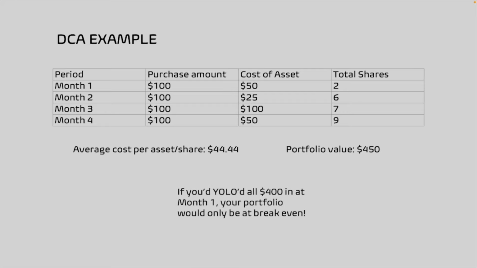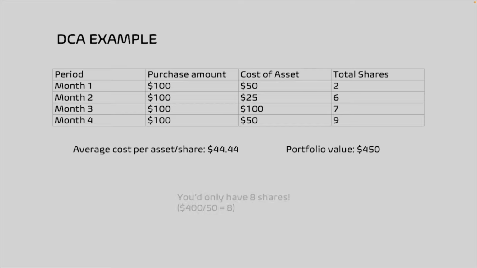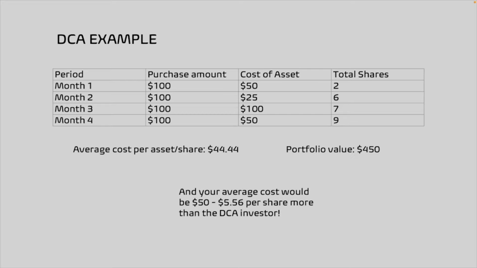If you'd YOLO'd all 400 in at the start of month 1, your portfolio would only be at break even right now. And you'd only have 8 shares. And your average cost would be $50, over $5 per share more than the DCA investor.